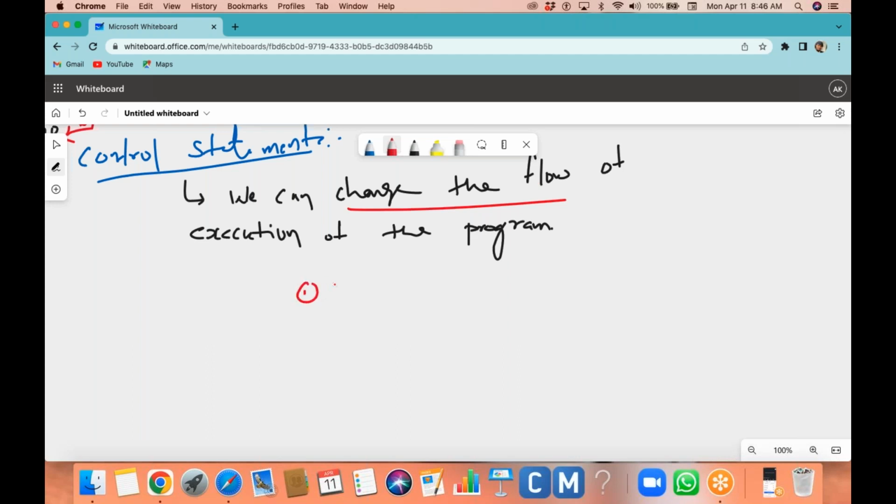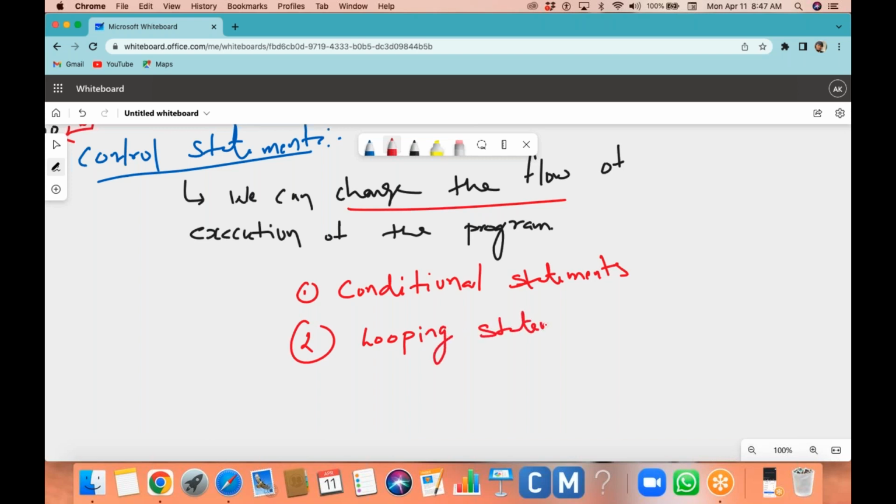The first one is conditional statements. The second one is looping statements.